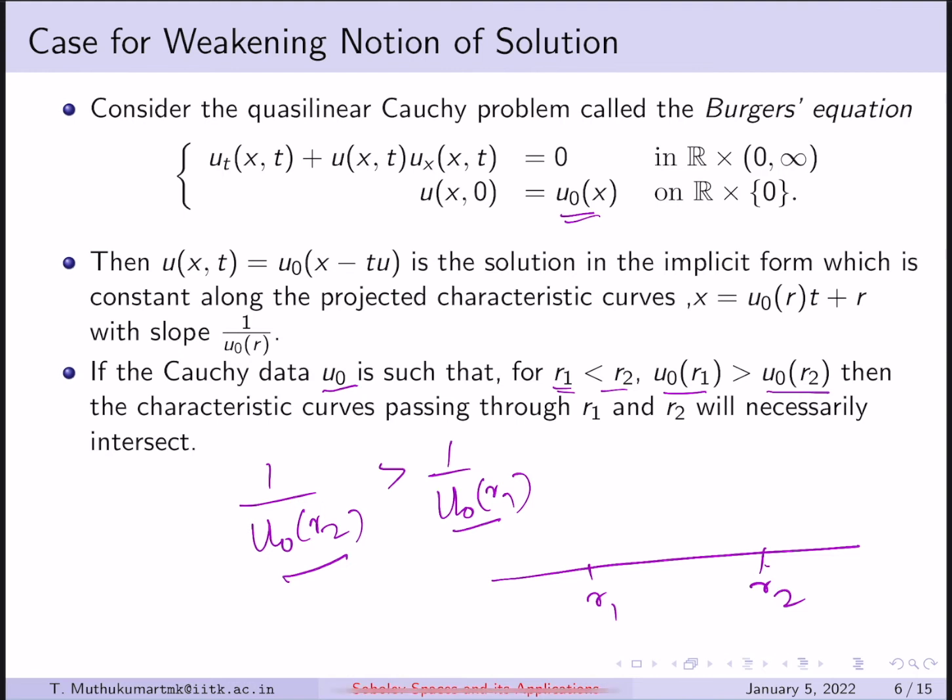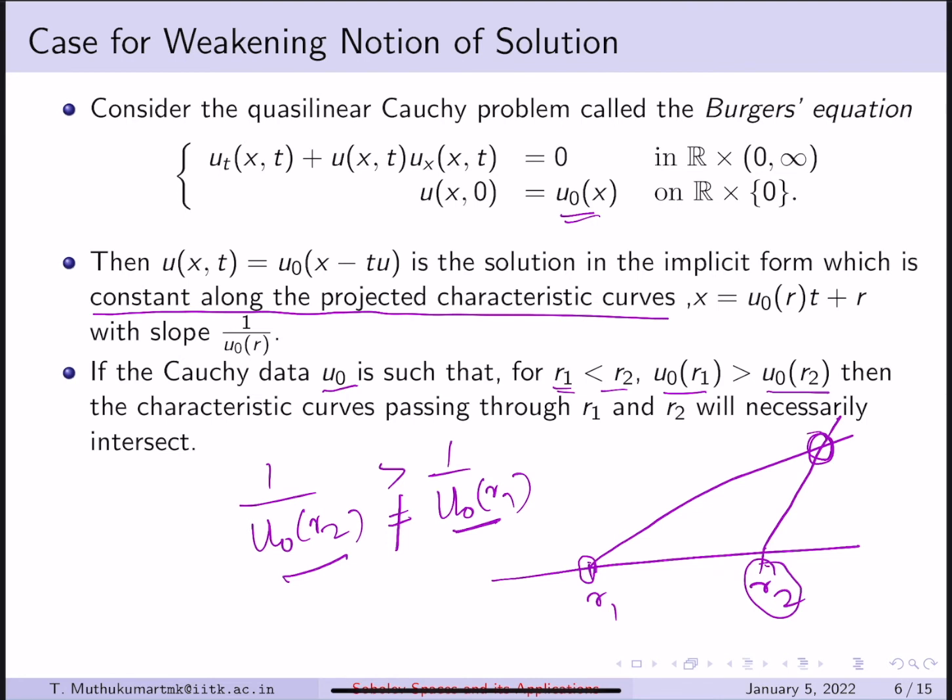So the slope of this line could be this and the slope of this line is like this, which means these two will necessarily intersect at a point, because they are no longer parallel lines now. What is the issue with this? The solution is constant along the characteristic curves, so it is constant along this line and constant along this line. The value here is u naught of r1, the value here is u naught of r2, and if these two values are not the same, you have a multi-valued situation here.